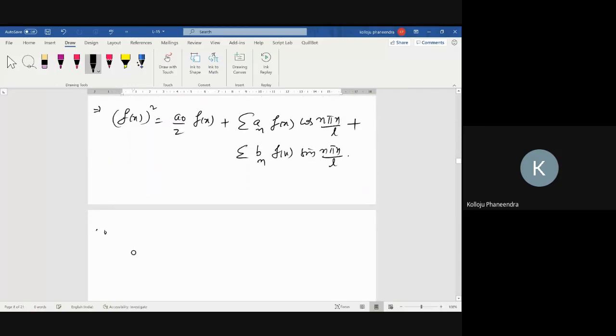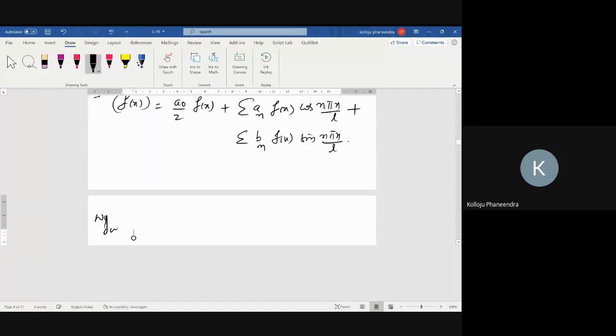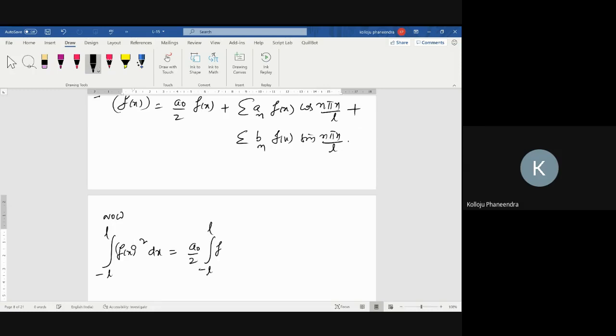Now let us integrate, taking integration on both sides with respect to x. What is the first term? a naught by 2 integration minus L to L f of x dx.